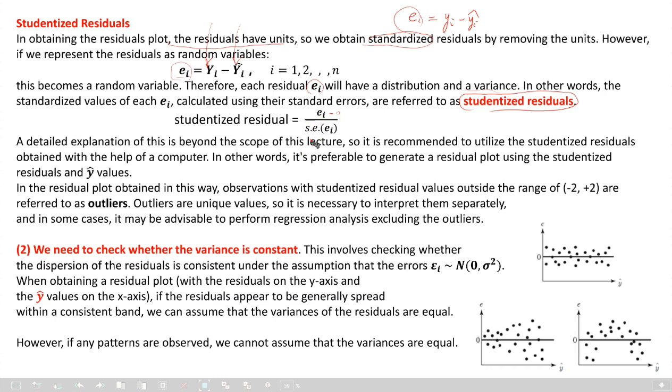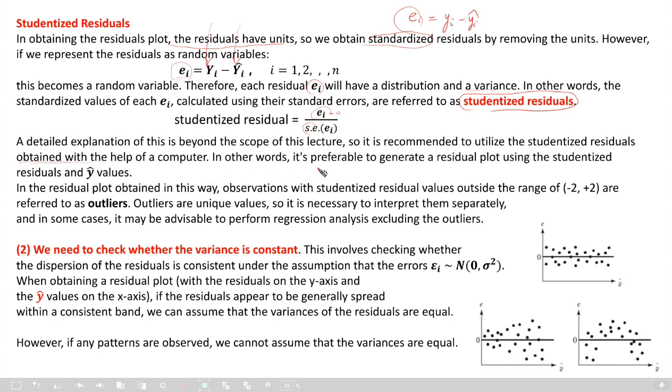But we say standard error of e_i, right? You know the terminology standard error, okay? The standard deviation of a statistic, and this one is a statistic, is called standard error. So the standard error of e_i. A detailed explanation of this is beyond the scope of this lecture. So it is recommended to utilize the studentized residuals obtained with the help of a computer.